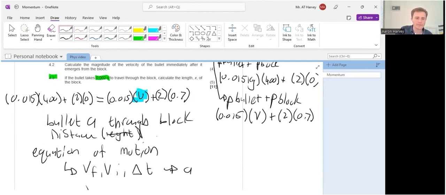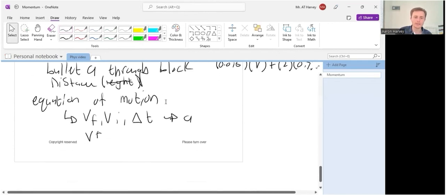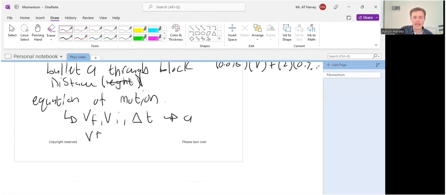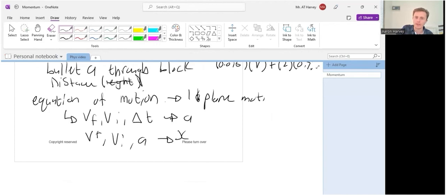And if you have your final velocity, your initial velocity and the acceleration of your bullet, you can then determine the distance that it traveled, because your equations of motion work for one plane of motion. And if you remember from the question, they said that it's explicitly only going horizontally.